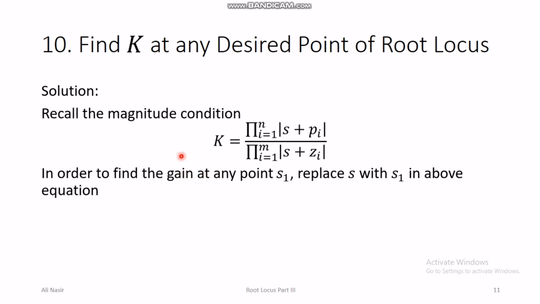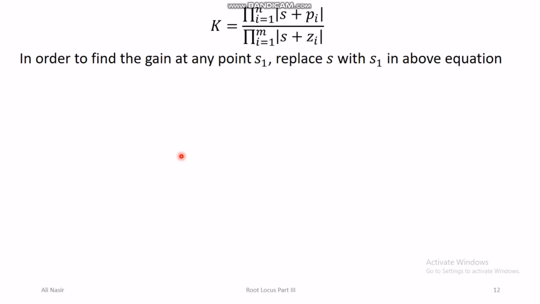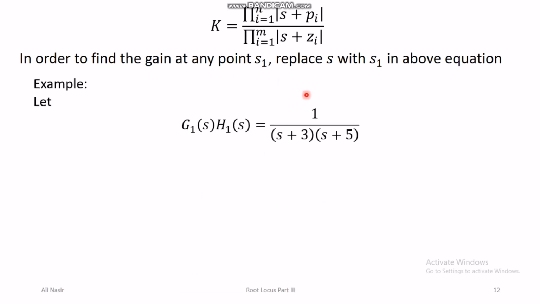For example, let us say we want to calculate the gain at some point s1. Let us say we have this system. This is the same system we discussed in the previous example when we were calculating the breakaway and break-in point. This system has two poles and no zero, so the denominator will not come into play here.